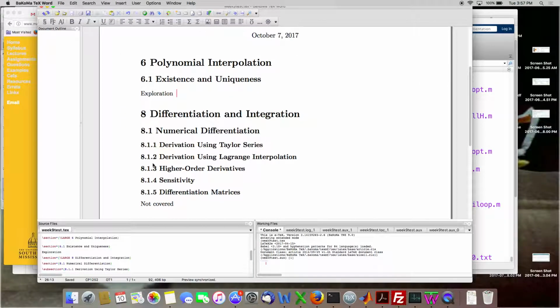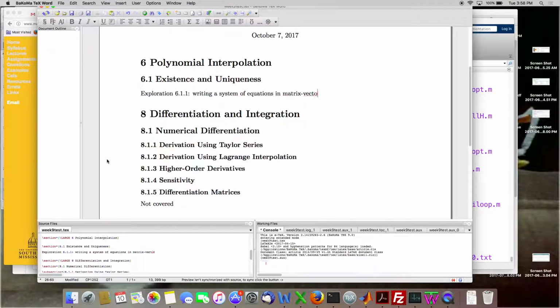Okay. Now, what this asks for is writing a system of equations in matrix-vector form. What I mean by that is I'll do an example.